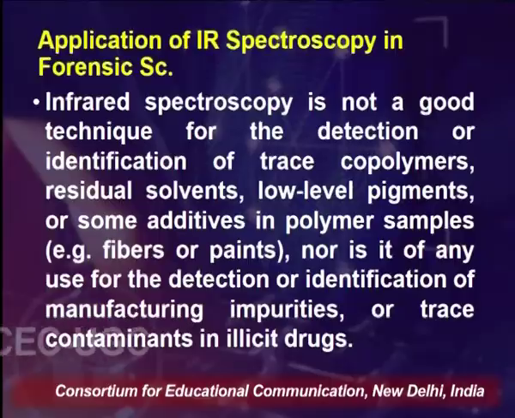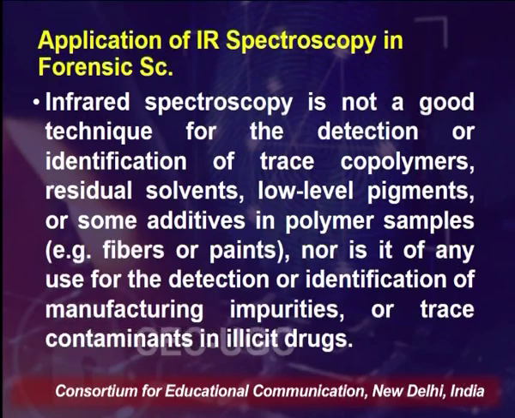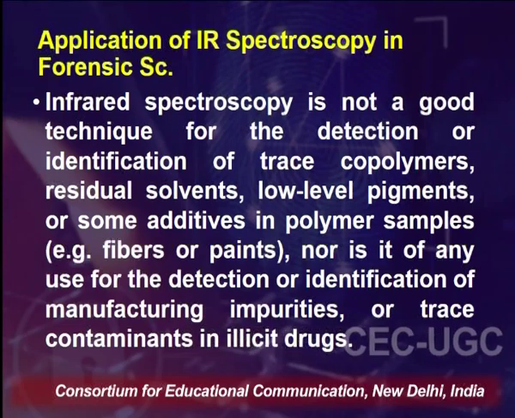Whereas, IR spectroscopy is not a good technique for the detection of trace copolymers, residual solvents, low level pigments, nor is it of any use for the detection of manufacturing impurities or trace contaminants in illicit drugs. Although, it can be a reliable qualitative tool, and even semi-quantitative analysis can be performed using this.